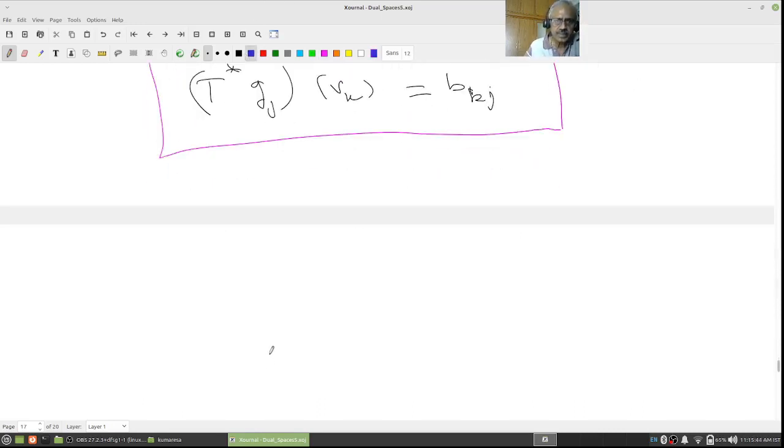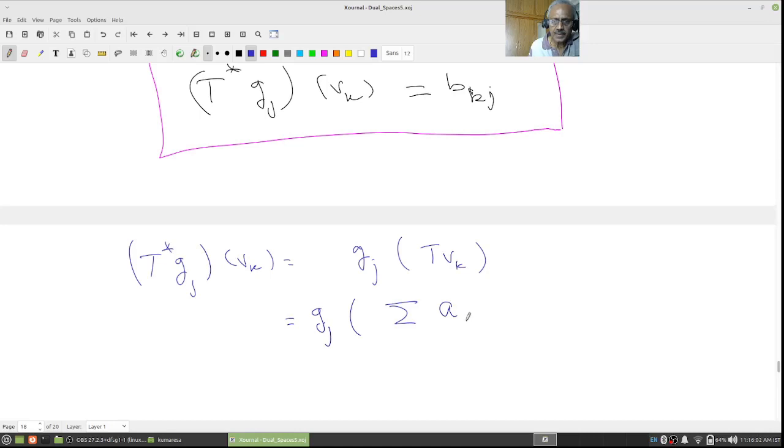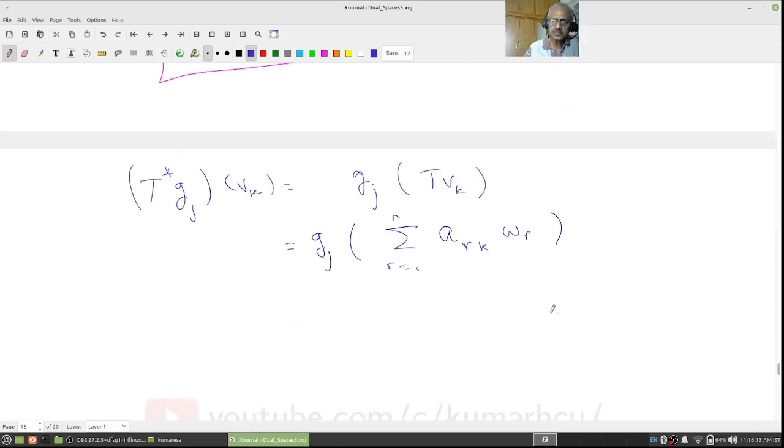But we can find out the definition of T star of Gj acting on Vk. By definition it is Gj acting on T of Vk. That is Gj acting on T of Vk, which is going to be some A: T of Vk is the sum over r equal to 1 to N of Ark Wr.